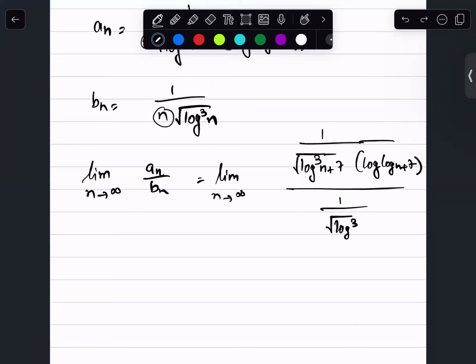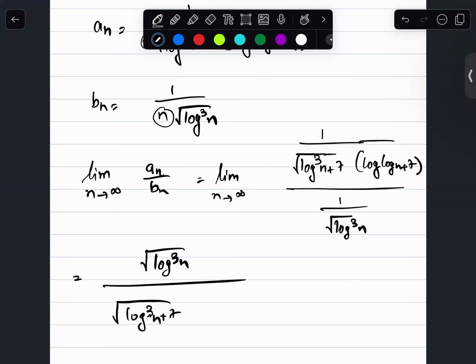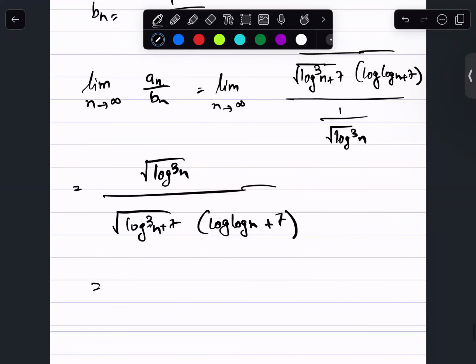Then this is nothing but square root of log to the 3n over square root of log to the 3n plus 7, times log n plus 7. Then again, this is 1 over 1 plus 7 over log to the 3n inside the square root, and then just log n plus 7.